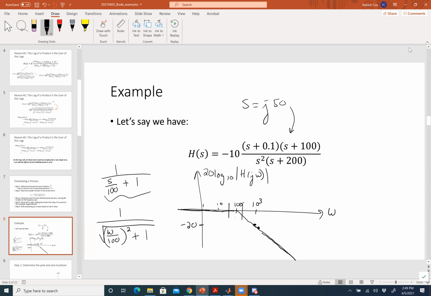So if I want to know the true magnitude, I would say 20 log 10 of the magnitude of H(j1,000) is equal to negative 20. To turn that into the true magnitude, I divide both sides by 20 and so on. I would find that the actual value there would be 0.1.